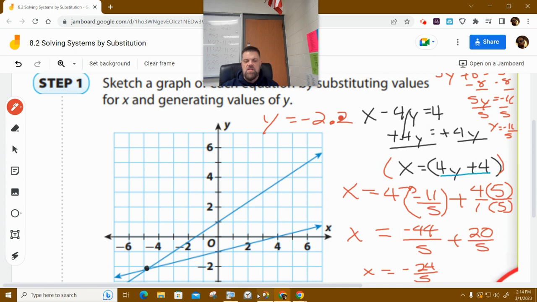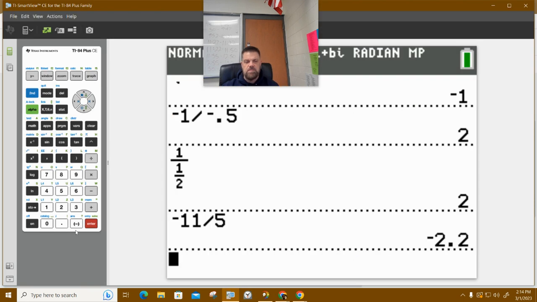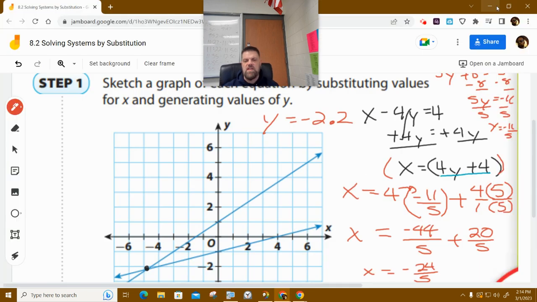Yeah, and then we have negative 24 divided by 5, negative 4.8. So that means x equals negative 4.8. And so this point right here should be negative 4.8, comma, negative 2.2.